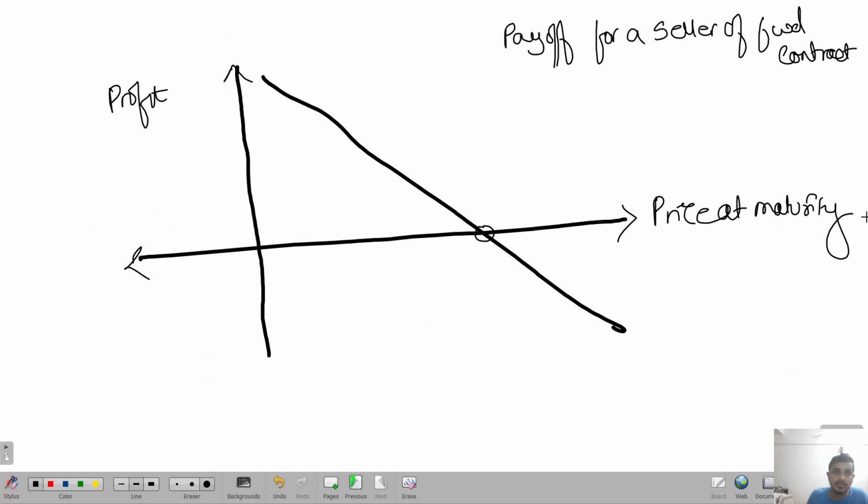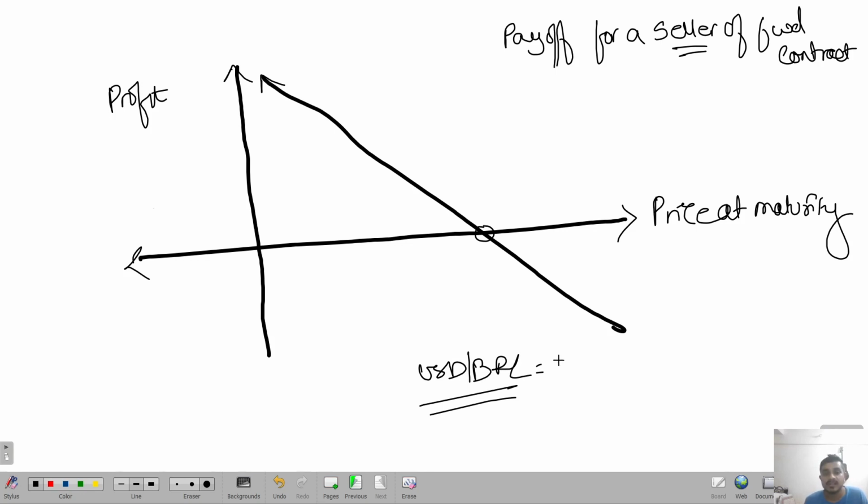So as we have already talked about the payoff for a seller of a forward contract, this is the seller, right? The seller will make money obviously when the markets are falling, right? When do we short? We short when the markets are falling. So here Acme had basically sold the GBP BRL instrument, right?